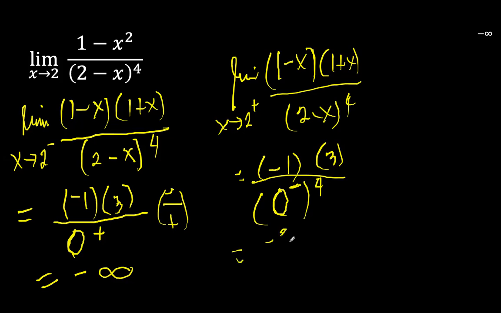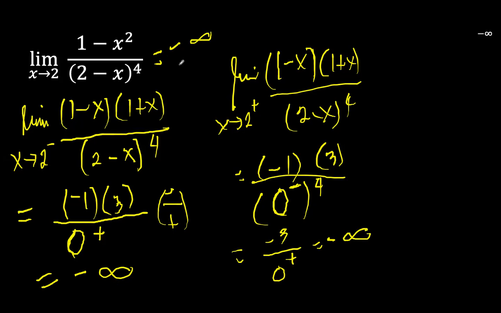So that's -3 over 0 positive, right? This becomes positive because of the raised to 4. And this is equivalent to infinity or undefined. Negative divided by positive, that's negative. So the limits on both sides are negative. That's why the answer here is negative infinity.